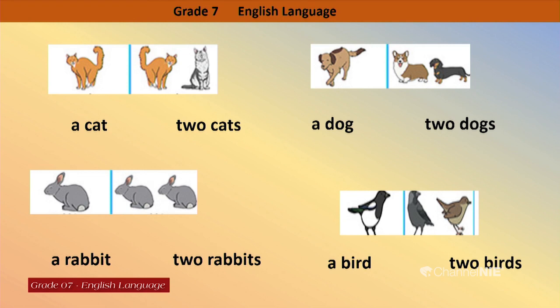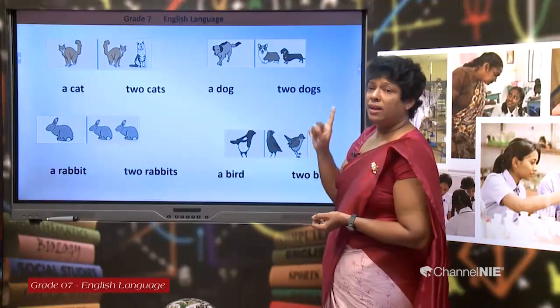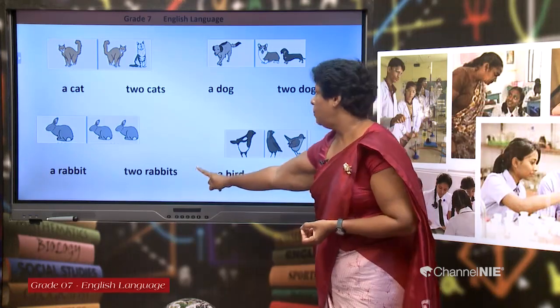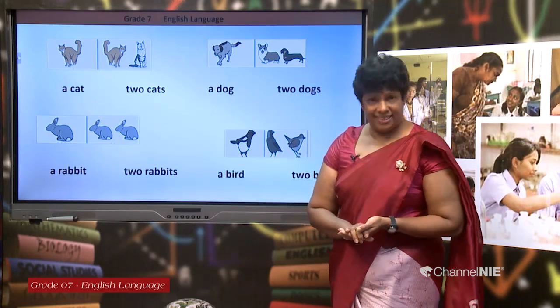A rabbit is there and there are 2 rabbits. We have to add s to make the word plural. A bird and 2 birds are there. So, with the picture clues you can understand how we change the noun into plural by adding s.